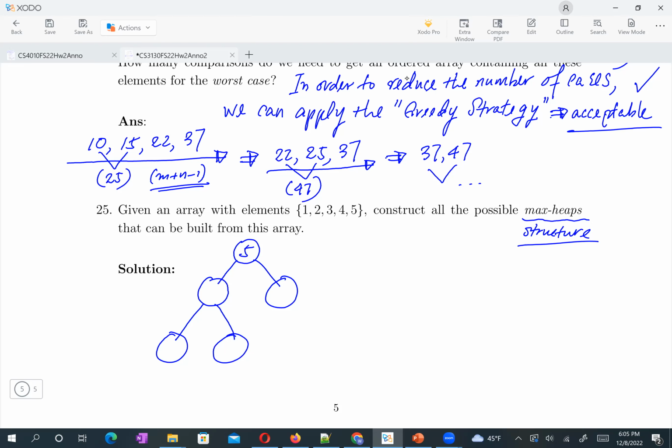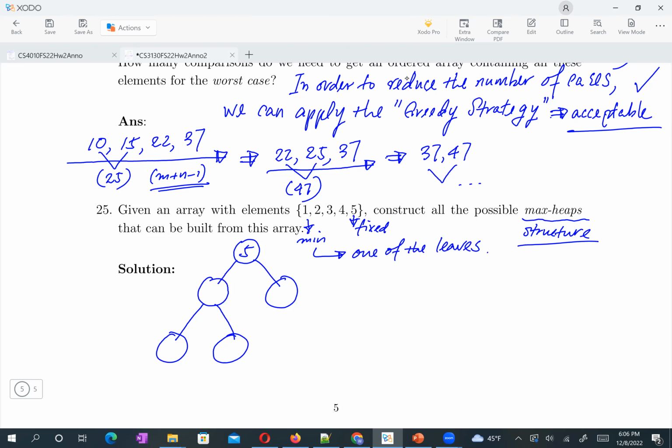So another thing, we need to fix the minimum. Max is fixed, then let's look at the location for the minimum. Minimum is not fixed, but we know it must be one of the leaves.